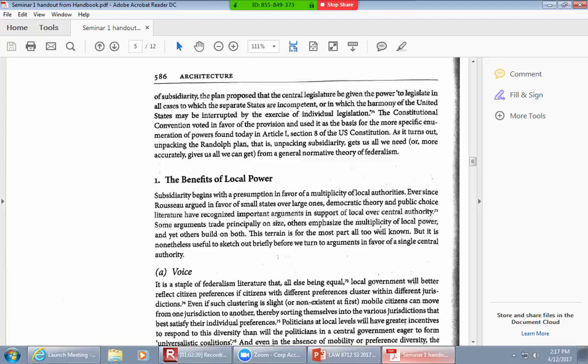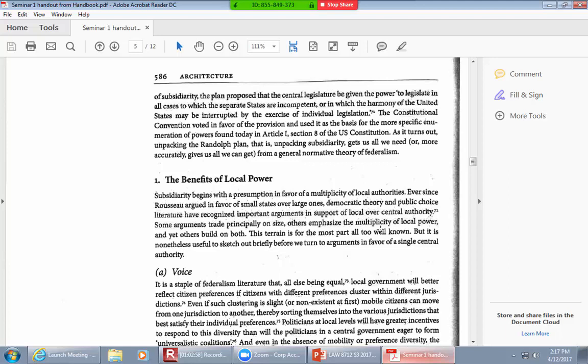Okay? Let's just unpack those 2 points, because we are trying here to figure out for your first assignment, what's the relationship between subsidiarity and federalism, and what is actually happening in jurisdictions such as Canada, and if you are doing the JD, Canada and the US. Okay? Here we're talking about the US. So it says here that there was a plan.